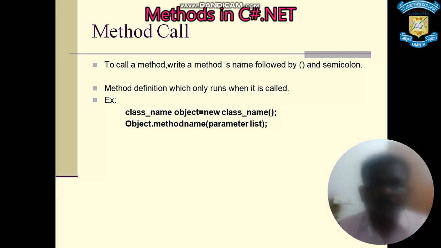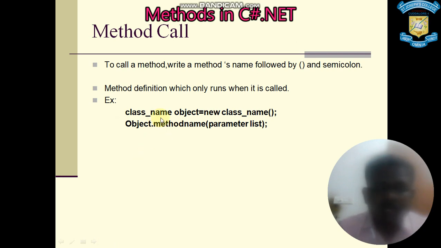This is the syntax for a method call. We should create an object for the class and then initialize the object, and using the object we can call the method. If you want to call a method, we need to create an object. So through an object only we can call the method. So this is the syntax.